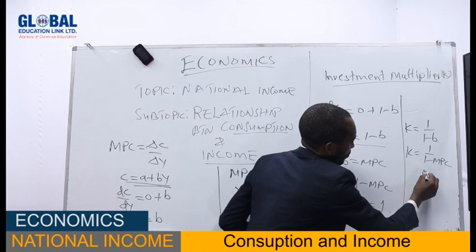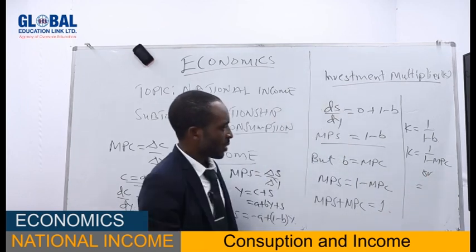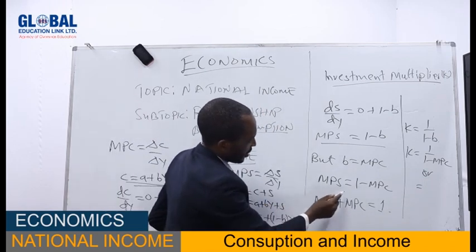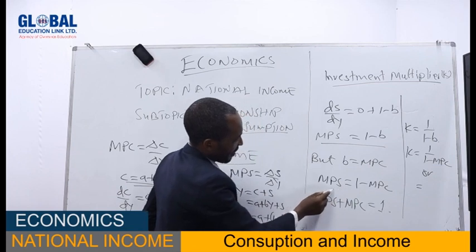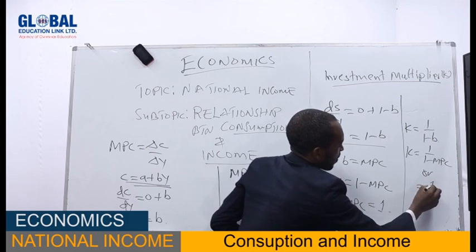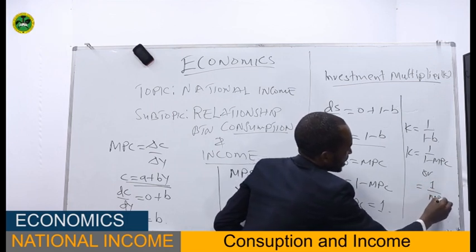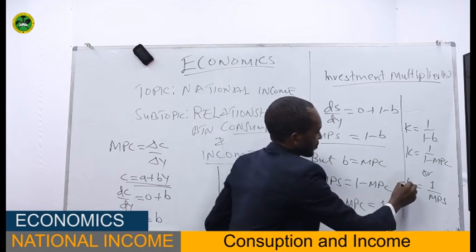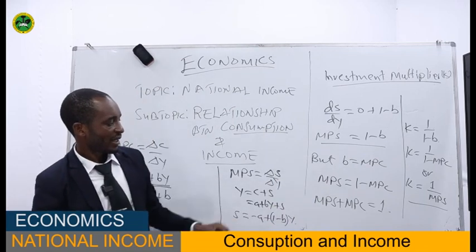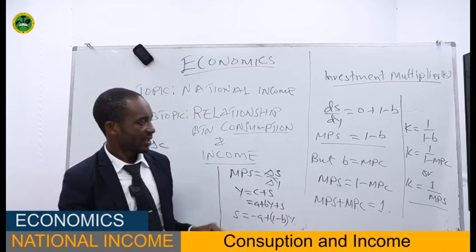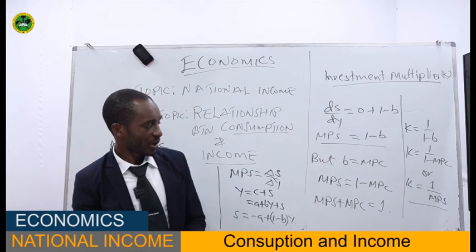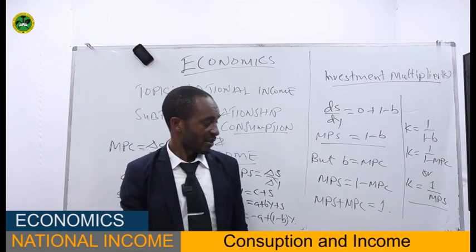Or, you know, 1 minus MPC, you can come back here, we said 1 minus MPC is the same as MPS. So the investment multiplier will be 1 over MPS. So all these are very important in doing analysis of the information relating to national income or income data figures.